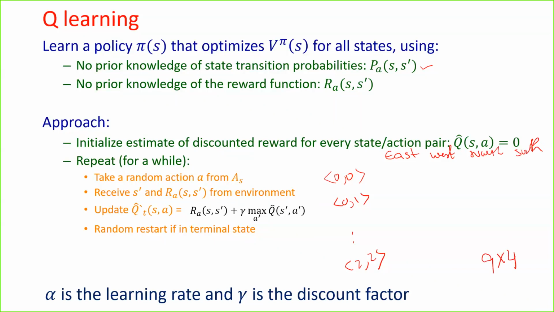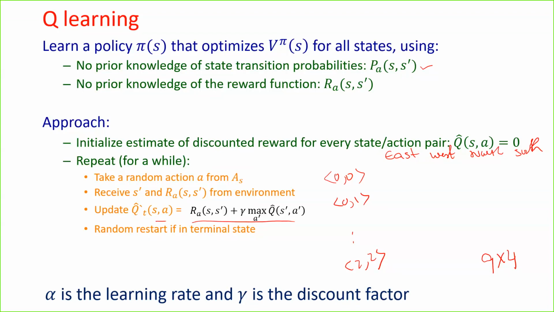Basically, this maintains the value function and we continuously update it. So we initially take a random action and receive a reward from the environment. And we update the corresponding entry of the state action pair in the Q table by computing the value function there. We randomly restart if it reaches the terminal state.